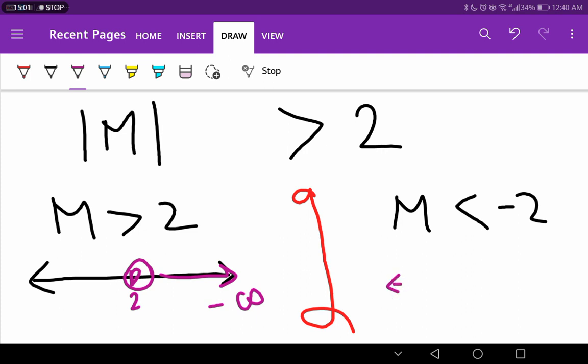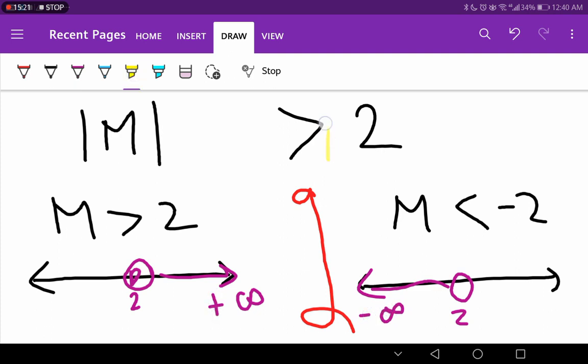You know the story. For details, you can go back to the lesson. Sorry, this is positive infinity and this is negative infinity. Because it is greater, we have to split like this. Good. Let us take one more example here.